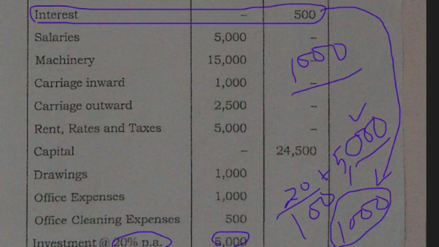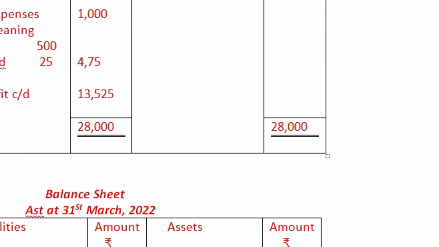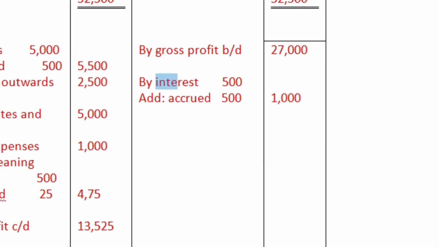So this type of information we have to show in the solution. This is accrued interest. Here this interest is 500, and 500 is still receivable, accrued, so total 1,000, and this 500 is from the additional information.